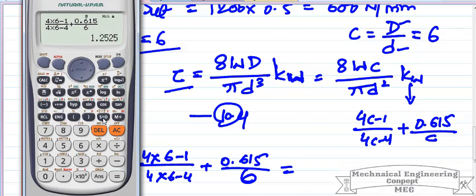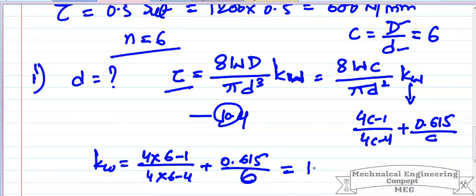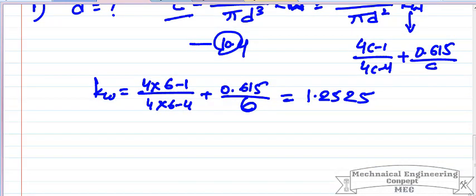Kw will be 1.2525. 1.2525 will be the value of the Wahl correction factor.